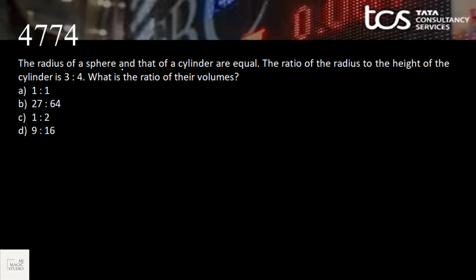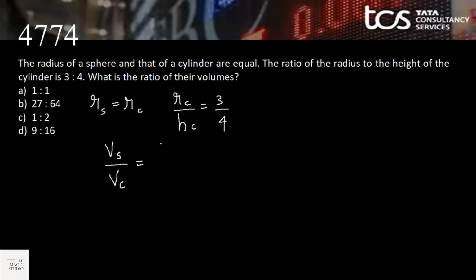The radius of a sphere and that of a cylinder are equal. So Rs is equal to Rc. The ratio of radius to the height of the cylinder is 3 by 4. What is the ratio of the volumes? Let us do Vs by Vc.